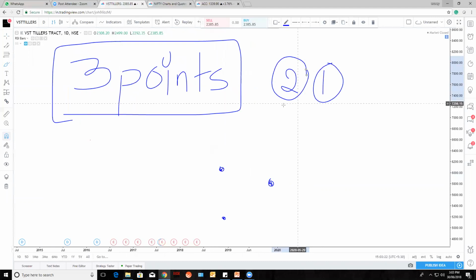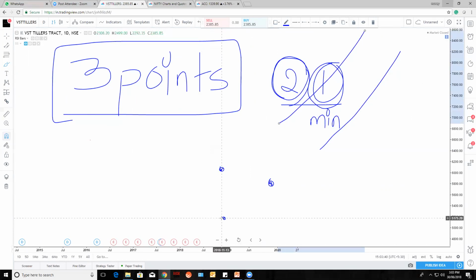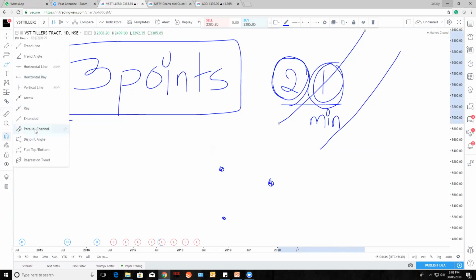This is the minimum requirement. Got it? To draw the upward channel, you need 2 lower points and 1 higher point. Then you just need to select the channel tool, or parallel channel.